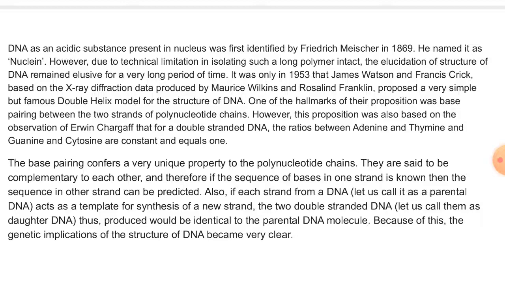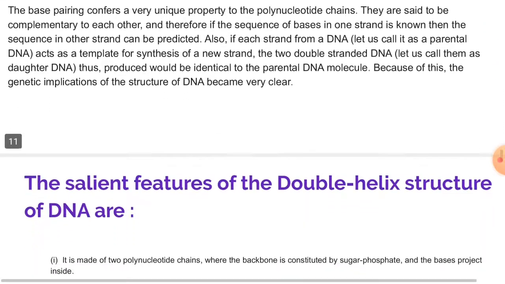The deoxyribose sugar and the phosphate components occur in equal proportions. Clear? This is about Chargaff's rule. So the base pairing is very important and it is complementary.